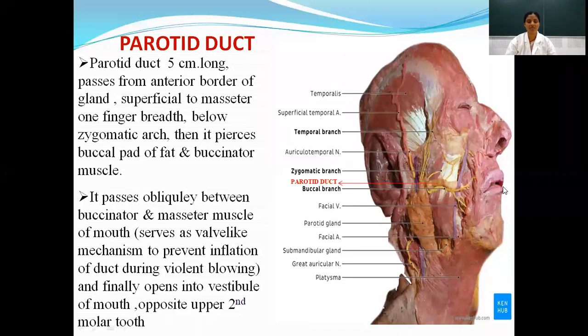The vestibule is the space between the alveolar arches with teeth and gums, and the lips covering them. The vestibule receives this parotid duct exactly opposite the crown of the second upper molar tooth. This is the terminal part, where it drains into the vestibule. It does not open directly into the oral cavity proper.